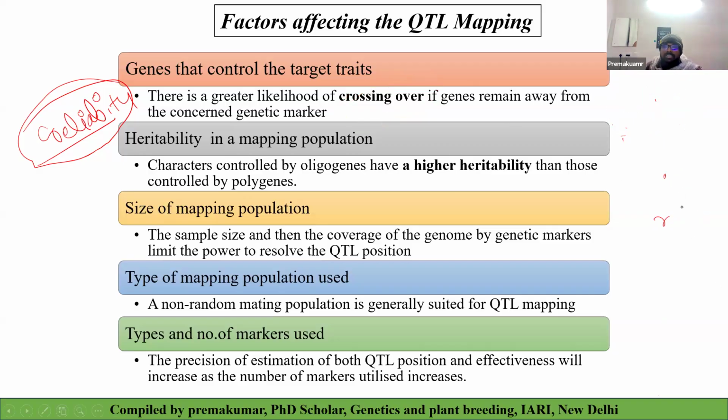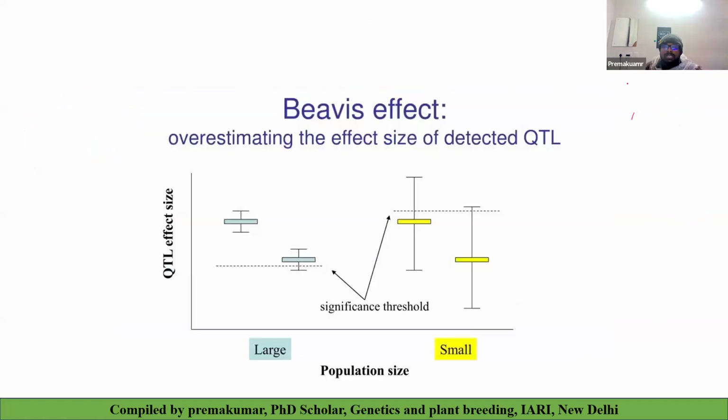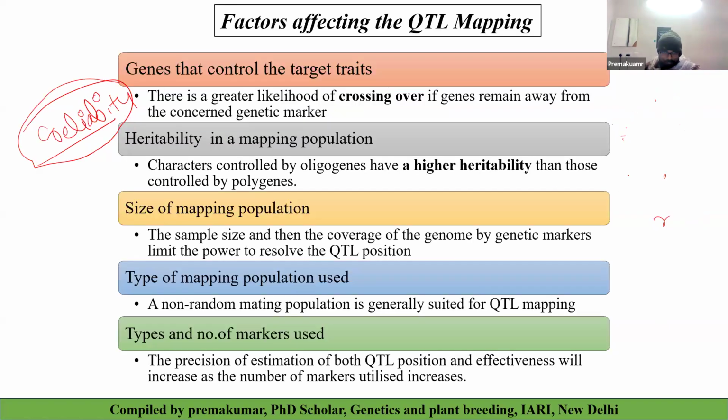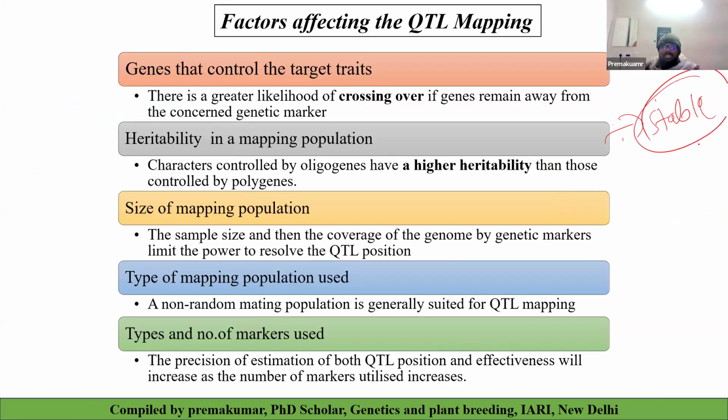Then heritability of the trait. Always think: the lower the heritability, the more effort you have to put in to identify the QTL, because it is always affected by the environment. You will not get stable QTLs. Phenotyping will definitely be affected by the environment.